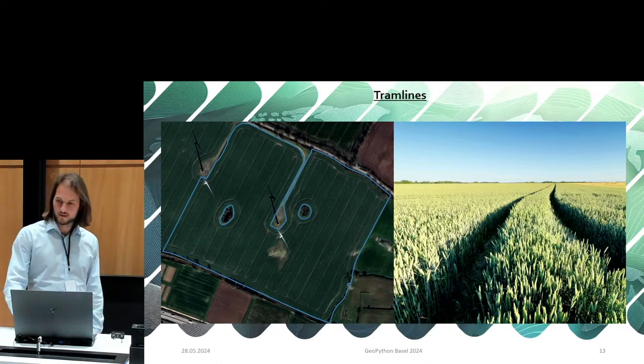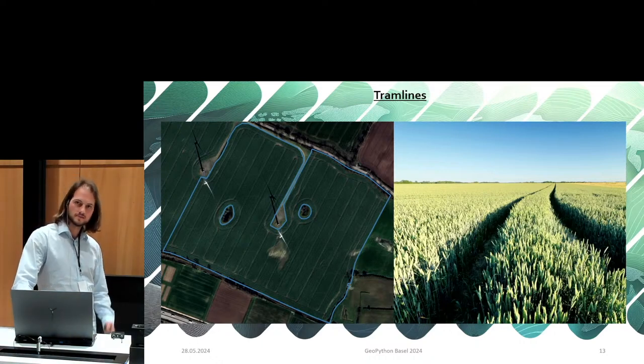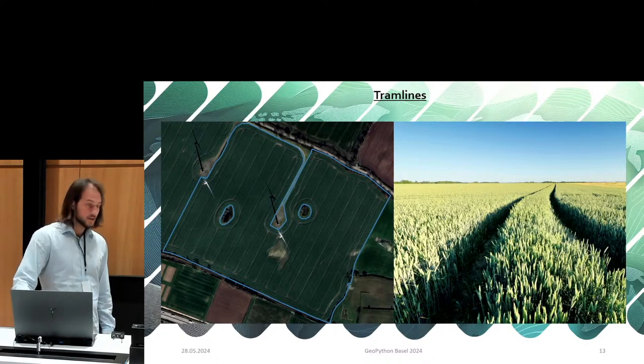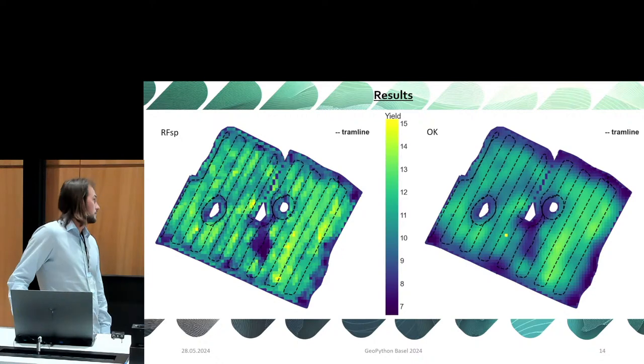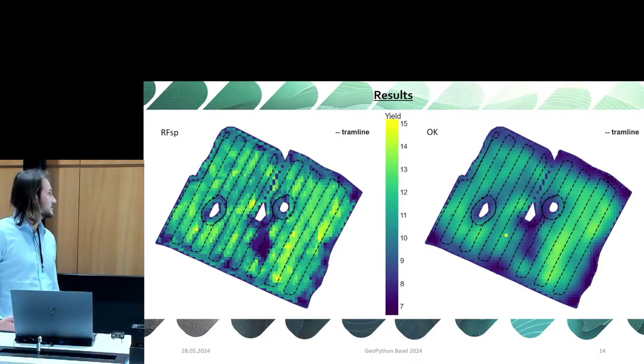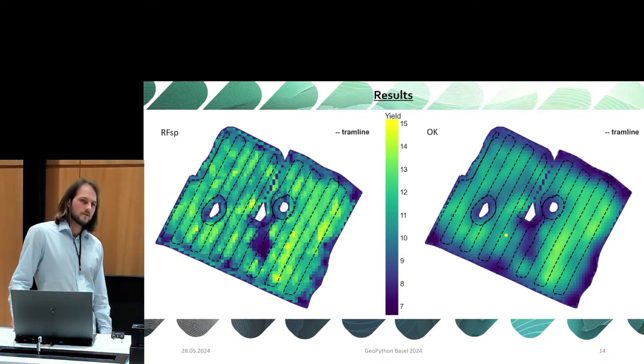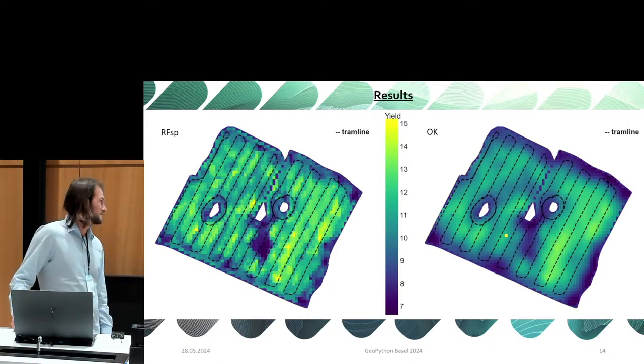So this might be the reason. We gathered the data about the tram lines, from the GPS of the application, and plotted them on our predicted area here. And as you see, it really looks like the random forest grasped these tram lines, or this lower yield in the tram lines, in contrast to the Kriging part.